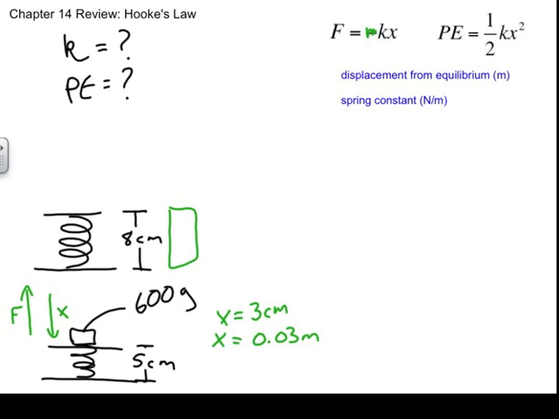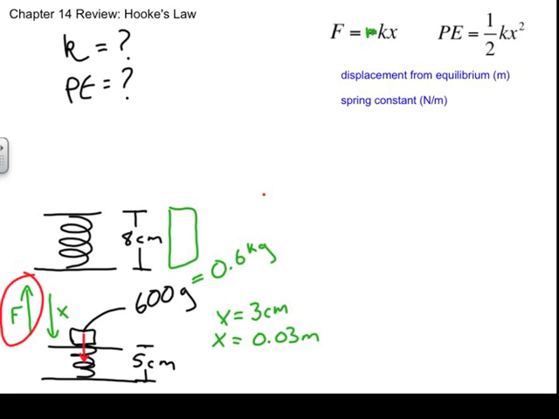I also would like to do a unit conversion on this mass. 600 grams is going to be equal to 0.6 kilograms. And I can recognize that the Fg pushing down from this mass is actually equal to the force that's pushing up from the spring. So those forces are one and the same in magnitude. I'm going to now alter this 0.6 kilograms into newtons by multiplying it by 9.8.